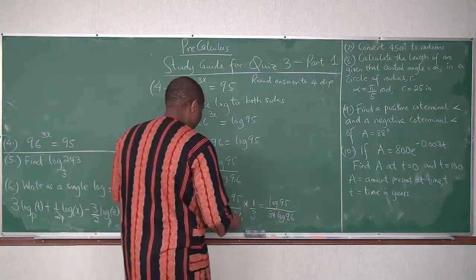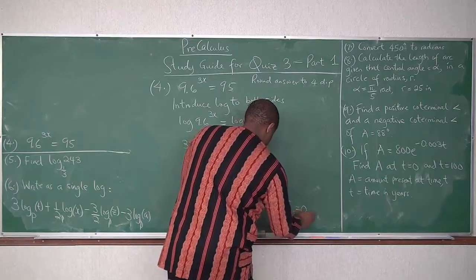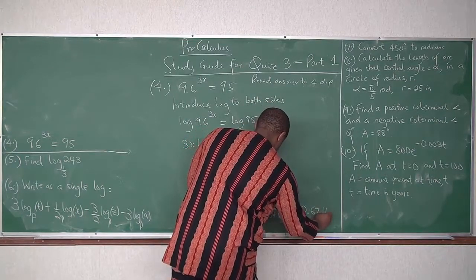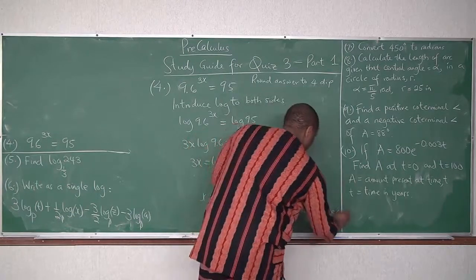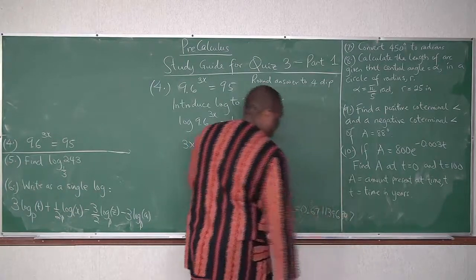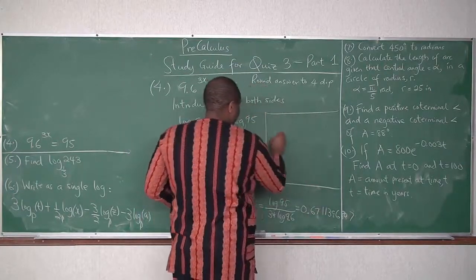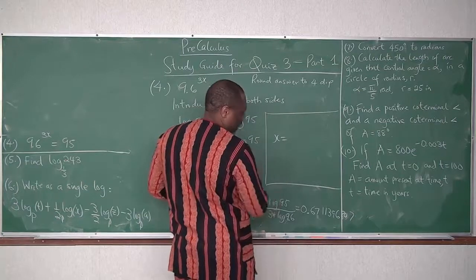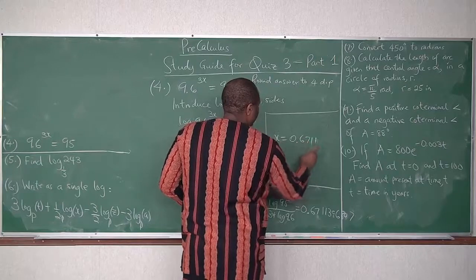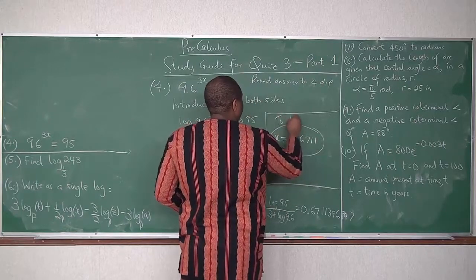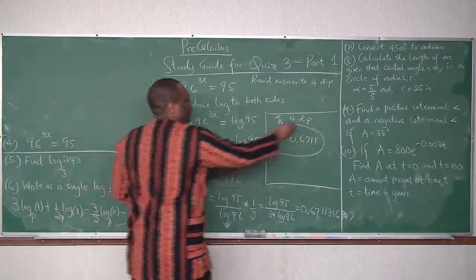So my x is 0.6711396807. So if I round it to 4 decimal places, I'll have 0.6711.